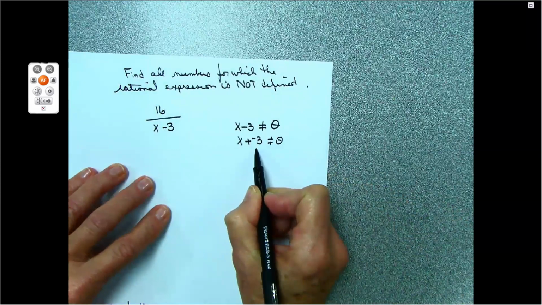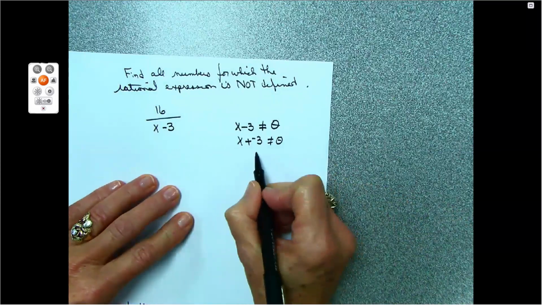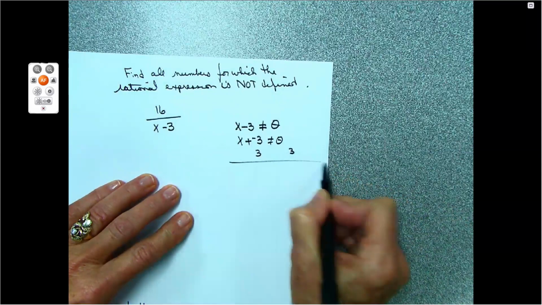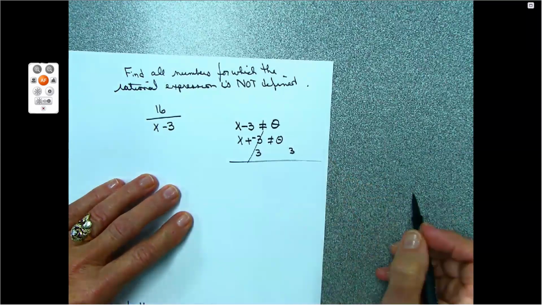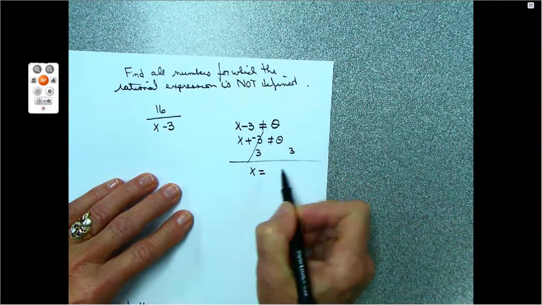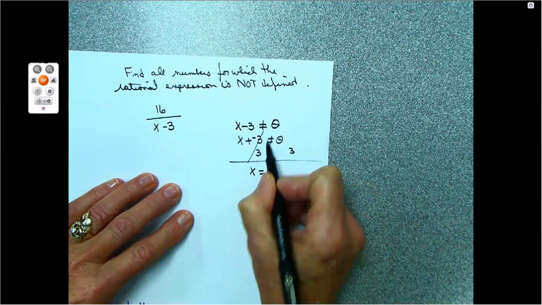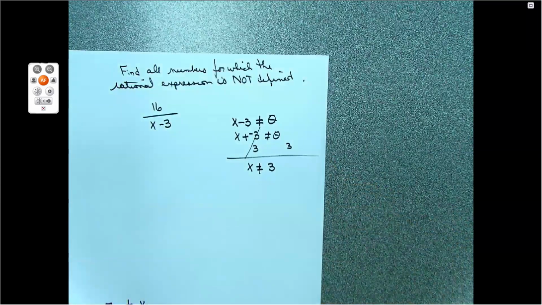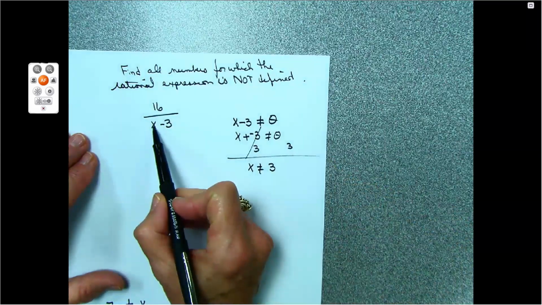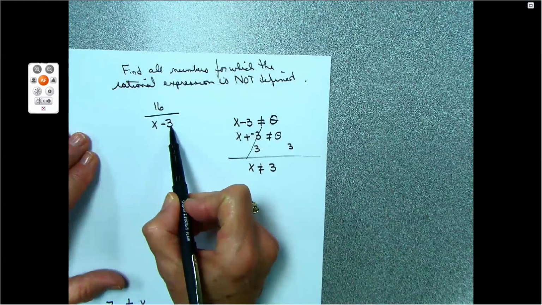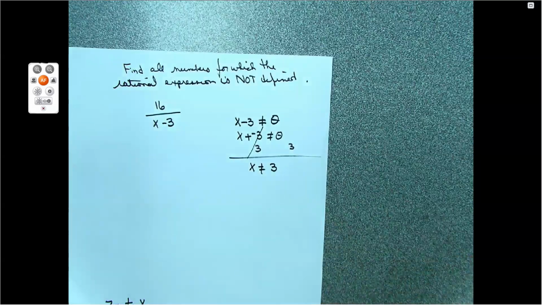I'm going to add the opposite of -3 to both sides, which is +3. That goes to 0, solving for x equals 3. So x cannot equal 3, or my denominator would take on a value of 0. If x is 3, 3 plus a -3 is 0, restricting your denominator.